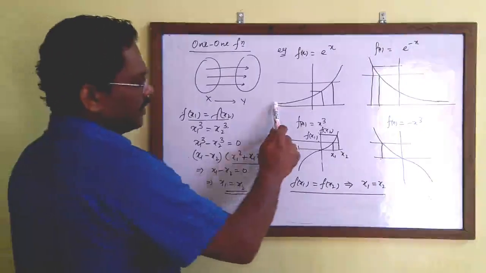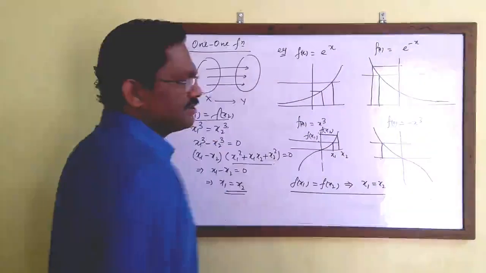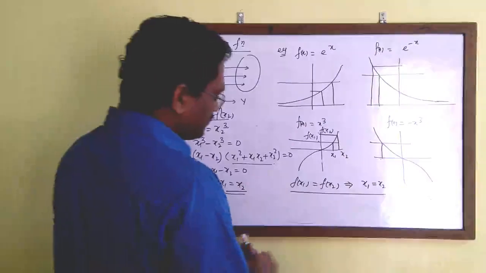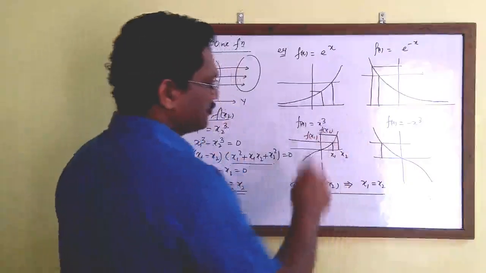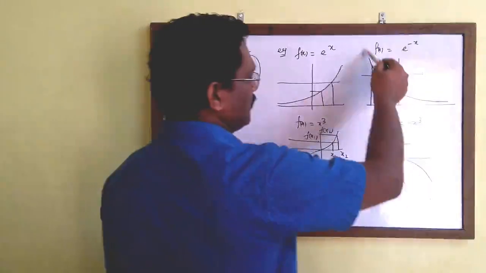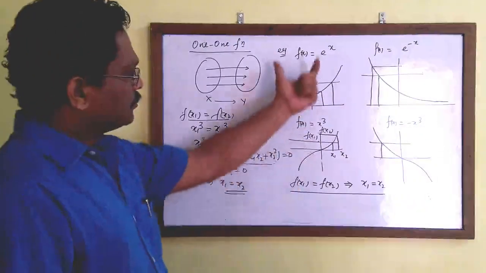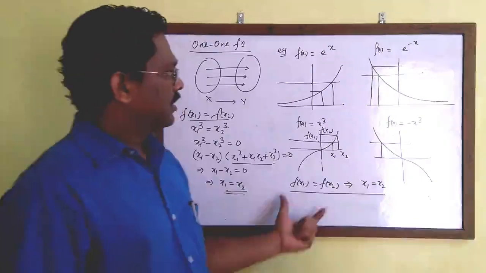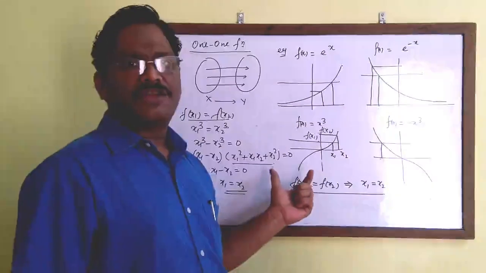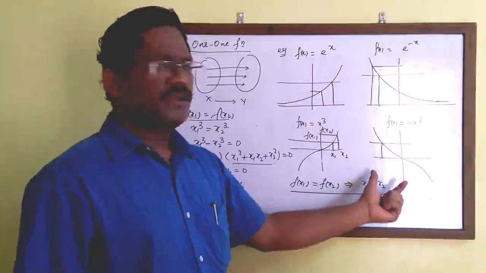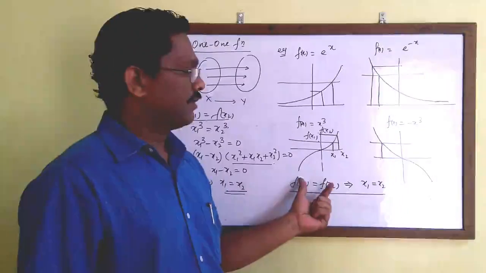As you can mark, this function is always increasing in nature. This function f of x equal to x cubed is also increasing, whereas the two functions on the right side are decreasing. So all 1-1 functions will either be strictly increasing or strictly decreasing throughout their domain.